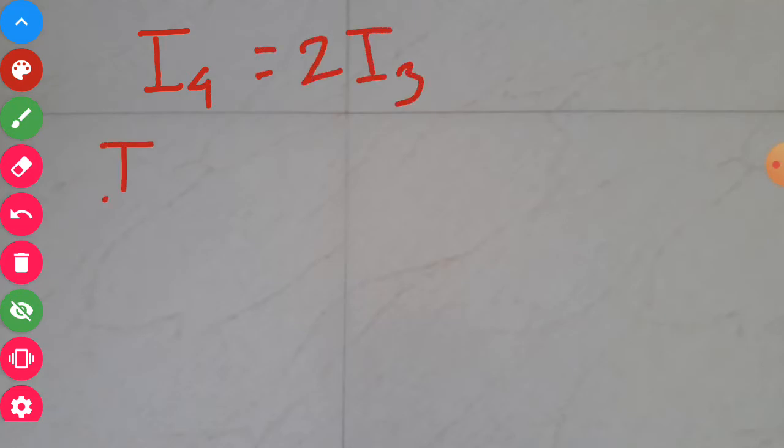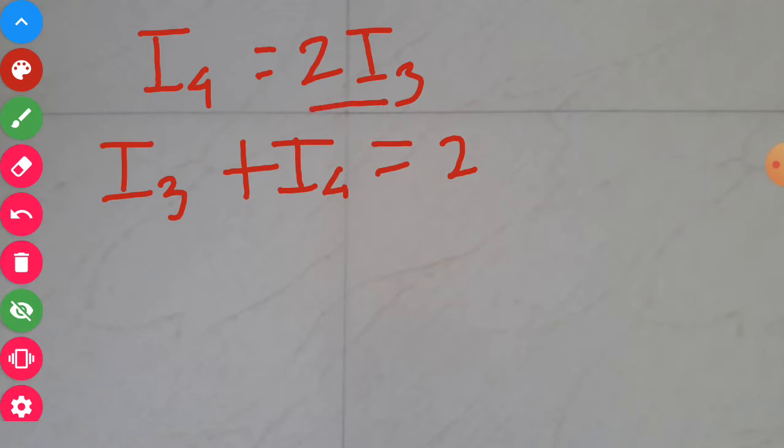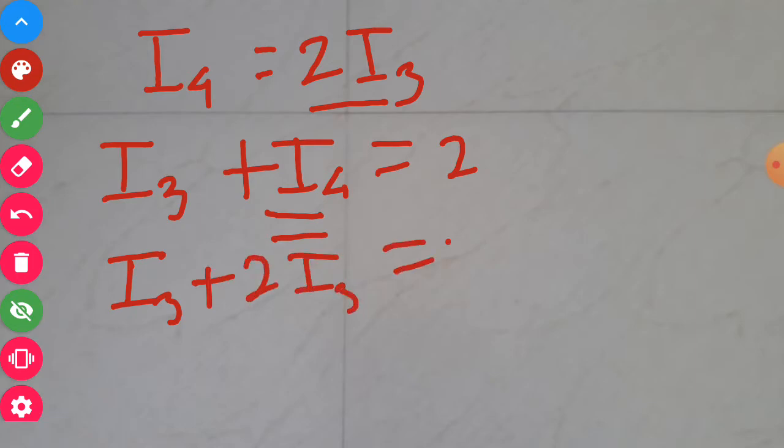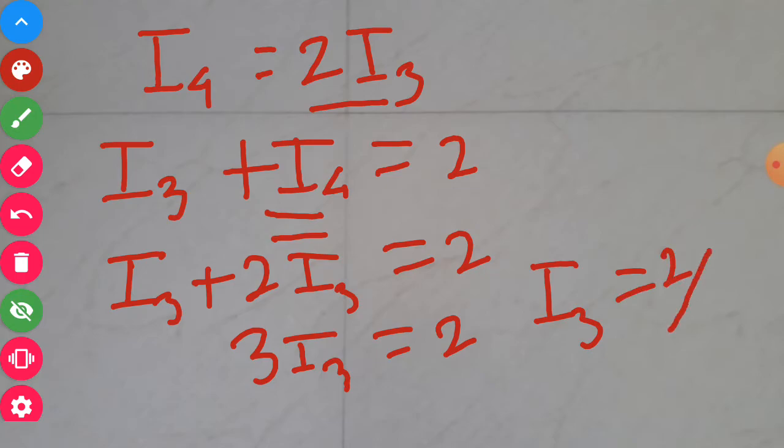But the addition of I3 and I4 is going to result in 2 ampere. So instead of I4 I can write 2 I3 here. So I3 plus 2 I3 is equal to 2. Therefore 3 I3 is equal to 2, so I3 will be equal to 2 by 3 ampere.